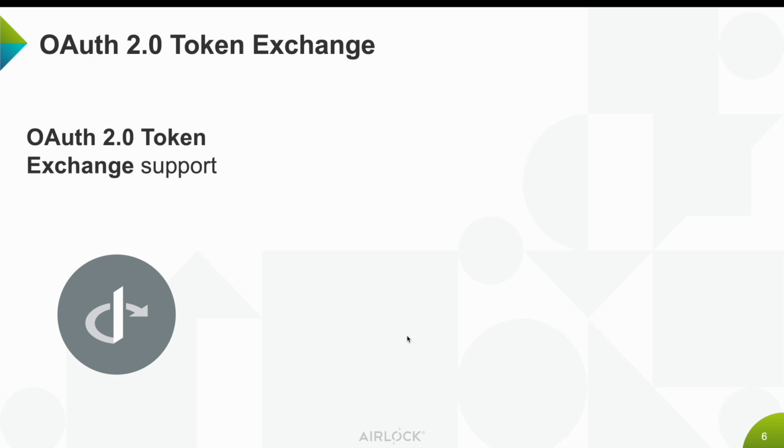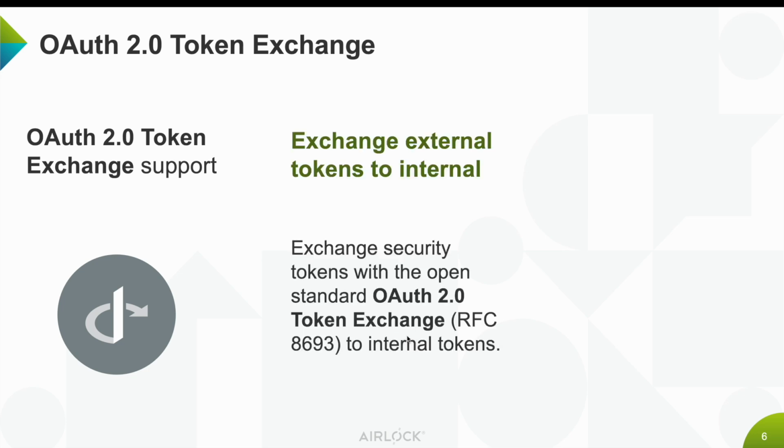Microgateway 4.6 now supports the OAuth 2 standard, token exchange, which can be used with JWT or OIDC. This new capability allows to exchange security tokens from an external security zone to internal tokens.